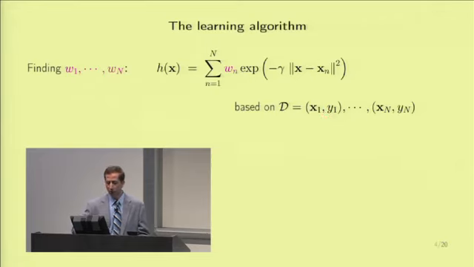Because of this, there will be an interesting notation. Let's say we ask ambitiously to have the in-sample error be 0. I want to be exactly right on the data points. I should expect that I will be able to do that. Why? Because really, I have quite a number of parameters here, don't I? I have capital N data points, and I'm trying to learn capital N parameters.